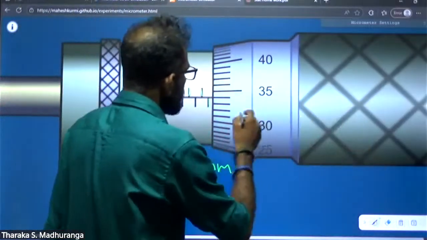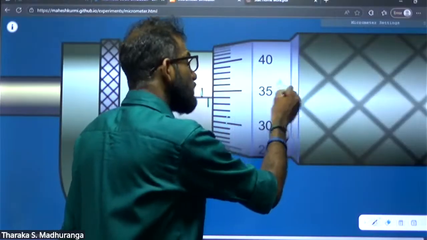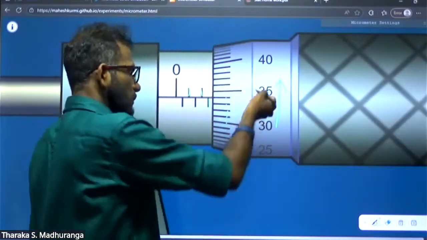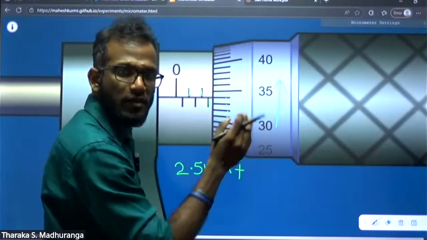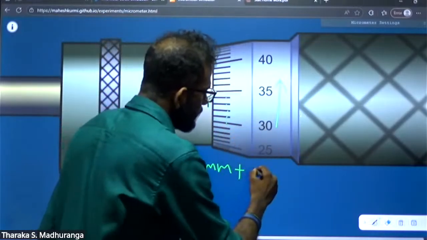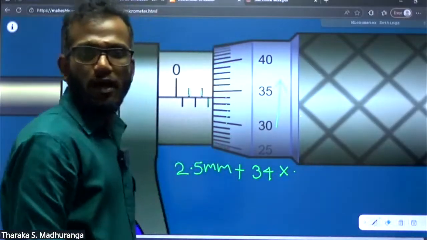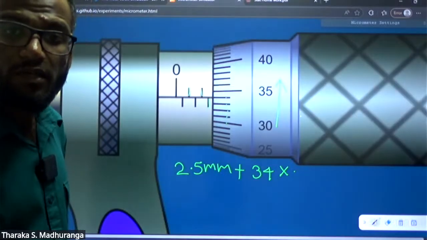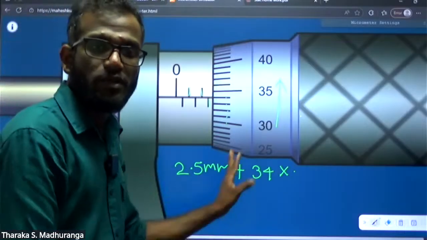Get the coincide value clearly. 30, 31, always increase upward. 31, 32, 33, 34. If it is 35, less 1, subtract 1, it is 34. Then 34 multiplied by... Ashfal, you have got 32. It is 34, not 32.